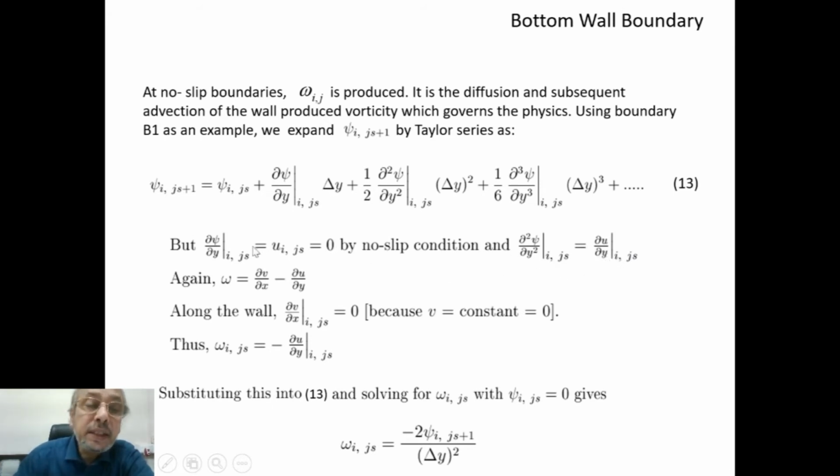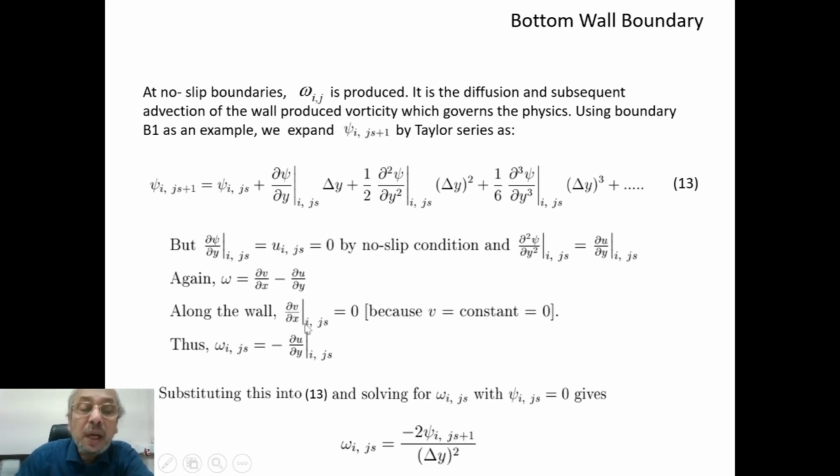We are setting del psi del y and u at ijs, that means on the surface, to 0, and we are mentioning that this is due to the no slip condition, and that del 2 psi del y2 equals del u del y because u is del psi del y. Then again omega is del v del x minus del u del y. Along the wall del v del x is 0 since v is 0 all along.